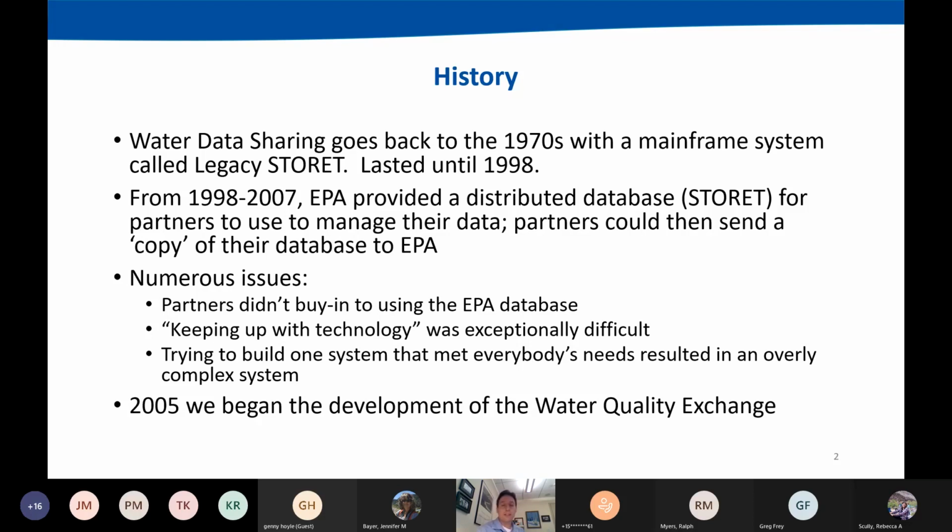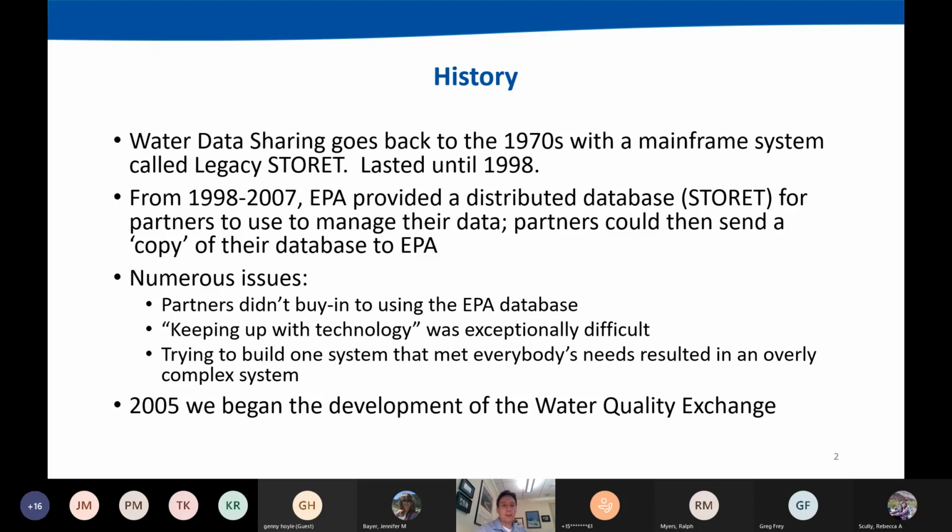The idea was that partners would manage their data inside STORET, and then send a copy of that database to EPA on some routine basis, whether monthly or annually or whatever worked. That copy would be loaded into a central database here at headquarters, which would then be made available to the public.